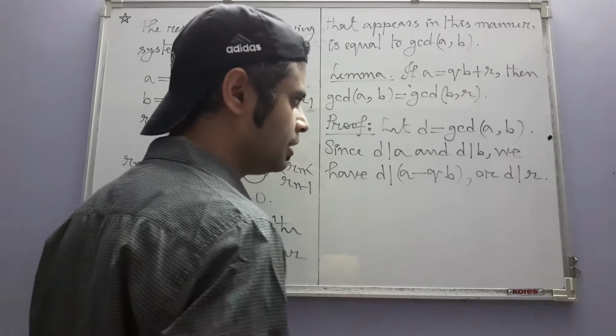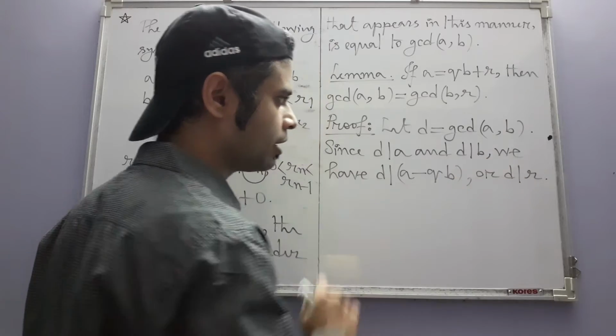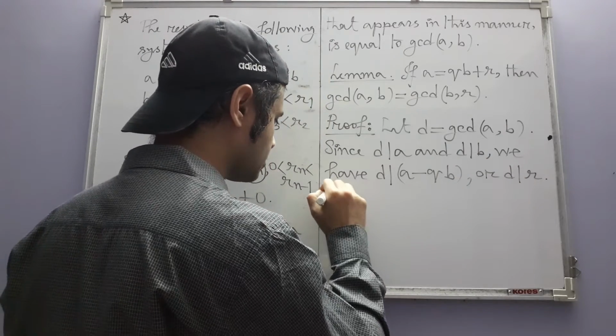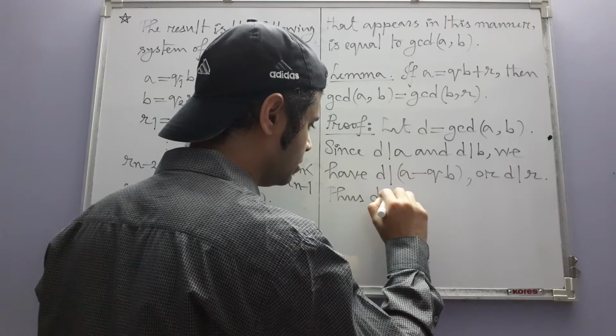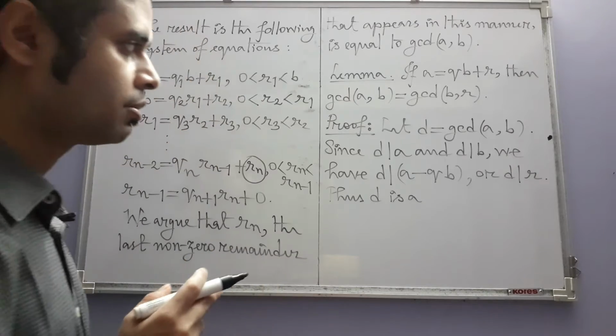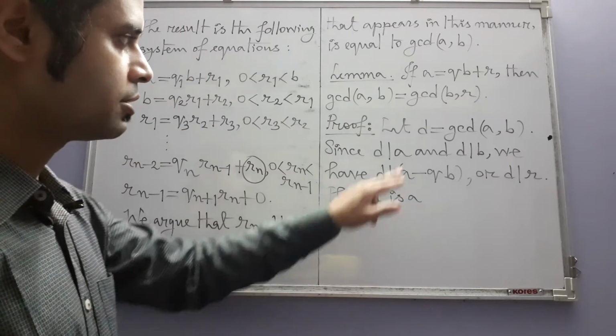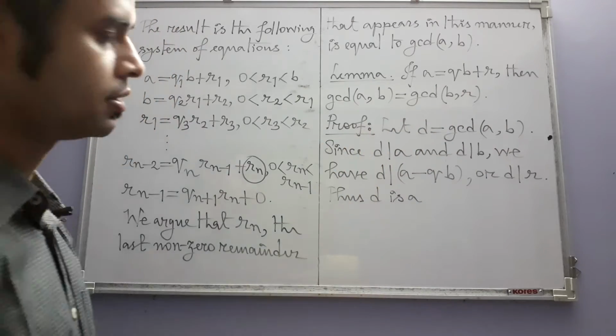So what do we see from this? D is a common divisor of B and R. Thus, D is not just a common divisor, but a positive common divisor. Why positive? Because D is already the GCD of something. So by definition, D is positive.